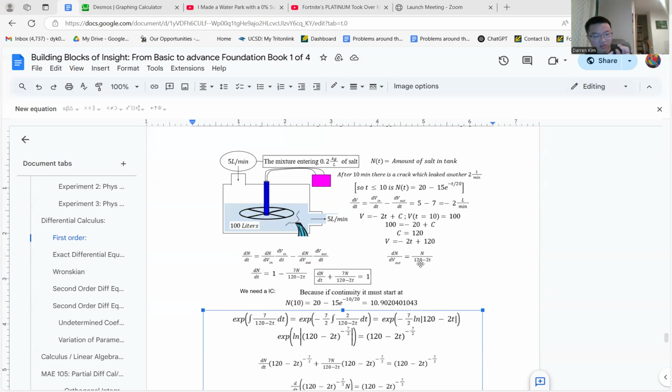Otherwise, what I personally think is going to happen if you don't mix it well enough and put it on top over here is that you're going to have something like salt heavy here and fresh water here. Something like this, maybe. I have no idea. This is just my headcanon because my brain is working through the thing.